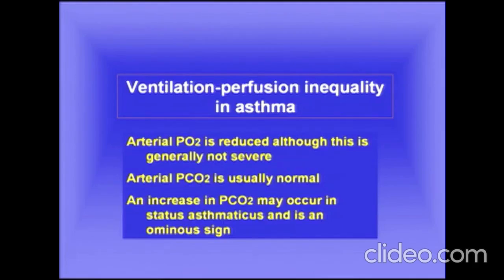So the body tries very hard to keep the CO2 normal, and that can be done in spite of the ventilation perfusion inequality by raising the ventilation to the alveoli. And that's what's normally done in most patients with asthma. They have an increased ventilation to the alveoli in spite of the fact that they have an increased airway resistance, and this keeps the PCO2 usually normal.